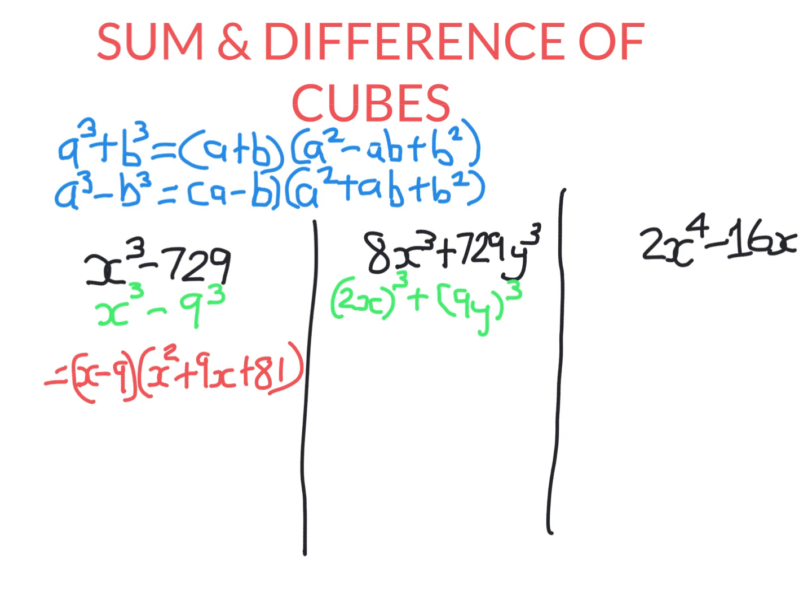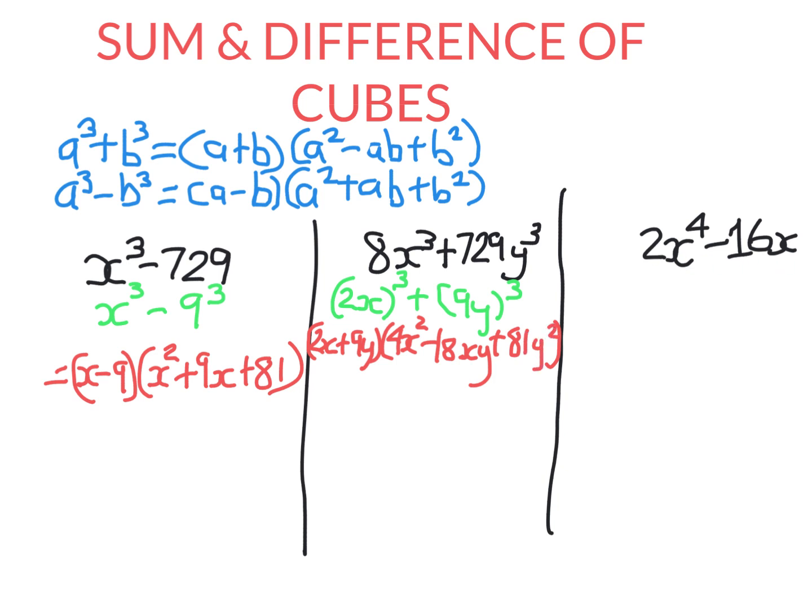Going ahead with this, we have a plus b in the first bracket, and then in the second bracket we have a squared, so that's 2x all squared, then minus ab, so 9y times 2x is minus 18xy. And then lastly, we have 9y all squared. So we get 81y squared, and then we're done.